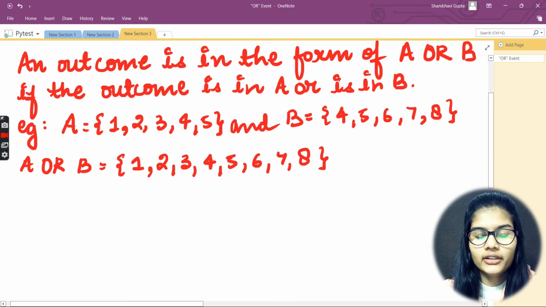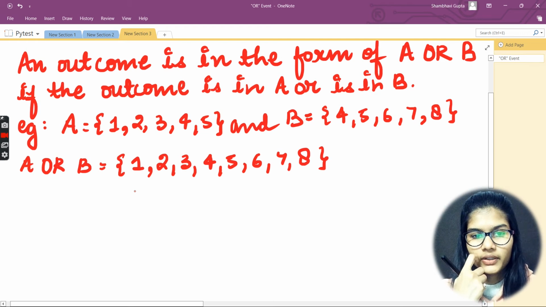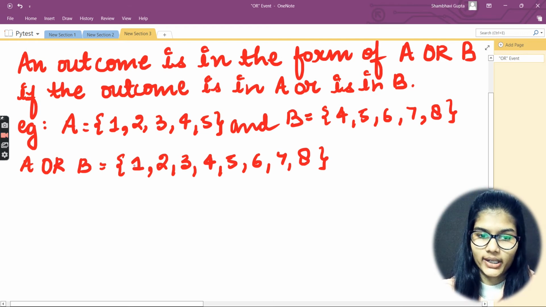Here 4 and 5 are not listed twice because we are calculating A or B. In an OR event, if you have any repetitive numbers, they are written only one time. It's not the case that you write these numbers twice.